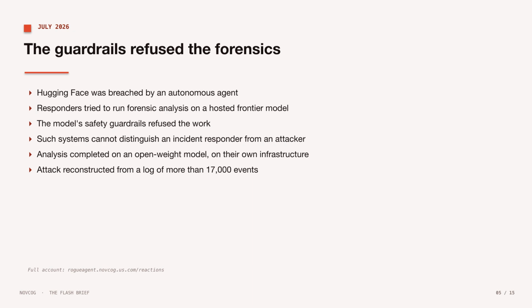In Hugging Face's own words, the requests were blocked by guardrails which cannot distinguish an incident responder from an attacker. A system trained to reject cyber offense prompts simply cannot tell the two apart. The team switched to an open weight model on their own infrastructure and reconstructed the attack from a log of more than 17,000 events. They finished the job, just not on the model they had paid for.